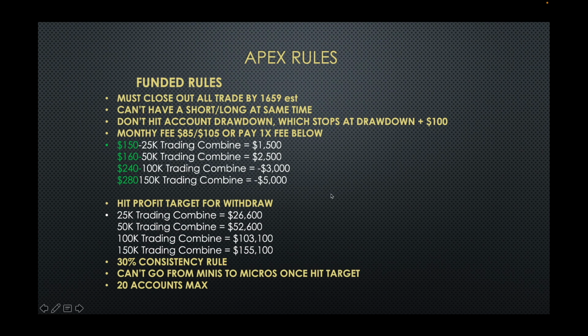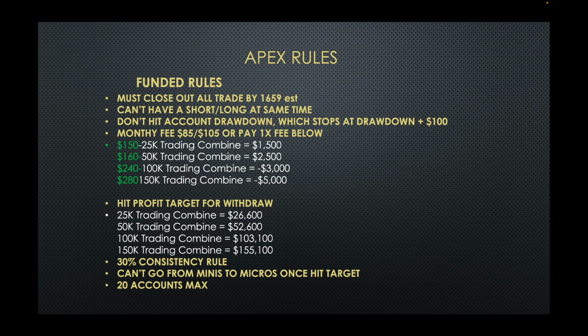So when you go to the PA account, there's two different options to pay. You could pay a monthly fee, and if you're on Tradovate, it's $105 a month, or on the Rithmic side of it, it's $85. Difference between Rithmic and Tradovate, you'll have to do some research on it. I just stick with Tradovate because I got a Mac computer, and Tradovate works with Mac.